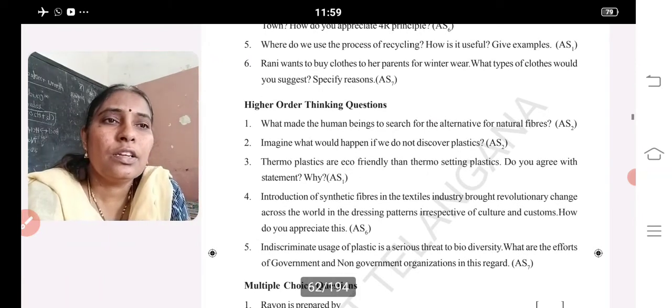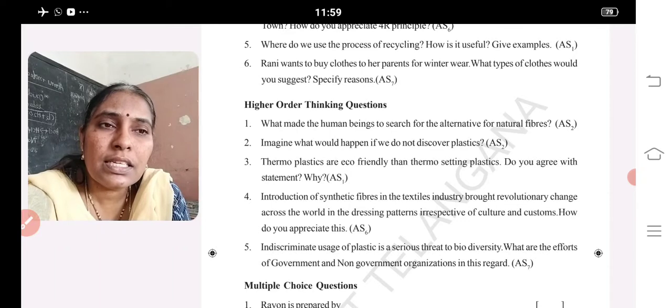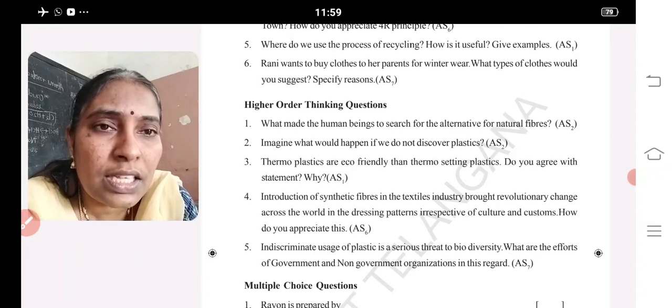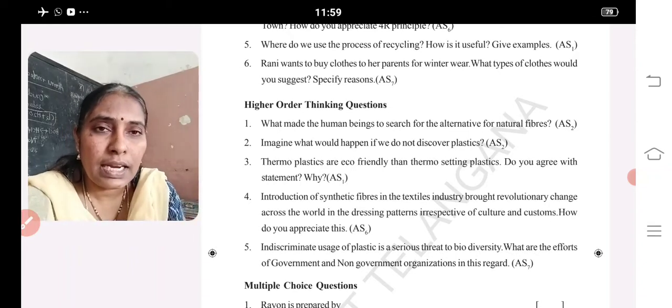Next, higher order thinking questions. Imagine what would happen if we did not discover plastic. And next, indiscriminate use of plastic is a serious threat to biodiversity. What are the efforts of government and non-government organizations in this regard? These questions you have to write one time in the classwork and learn.